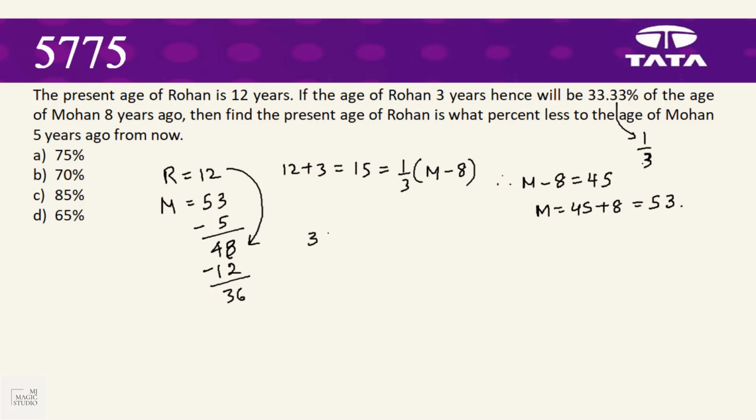Sorry, 48 minus 12 is 36. So the question is only how much is 36 on 48 as a percentage. It is 3/4, that is 75%. So the present age of Rohan is 75% less than the age of Mohan 5 years ago. Option A is the pick.